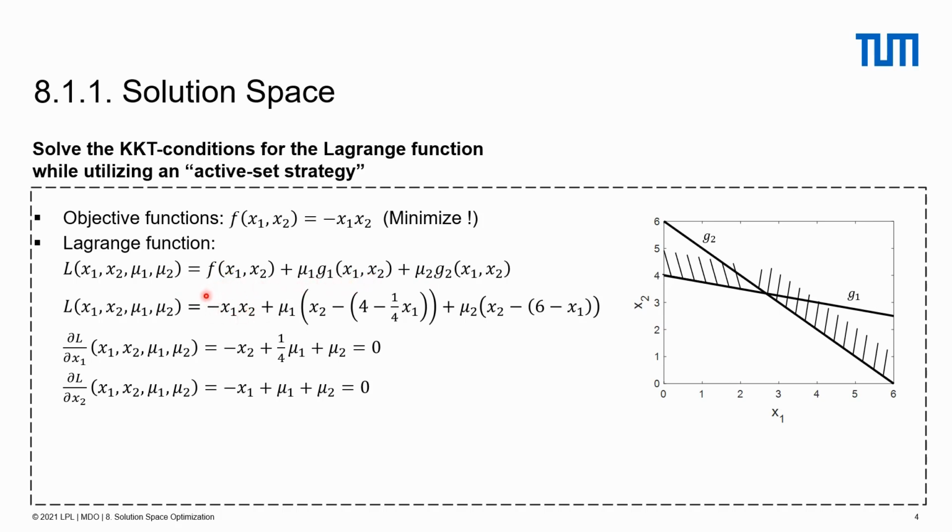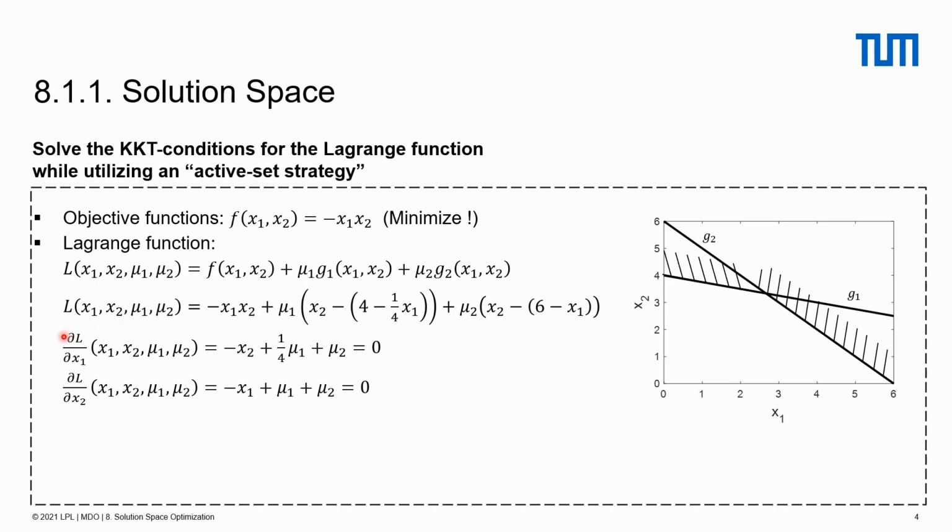We get L equals minus x1 times x2 plus mu1 times (x2 minus (4 minus 1 divided by 4 times x1)) plus mu2 times (x2 minus (6 minus x1)).